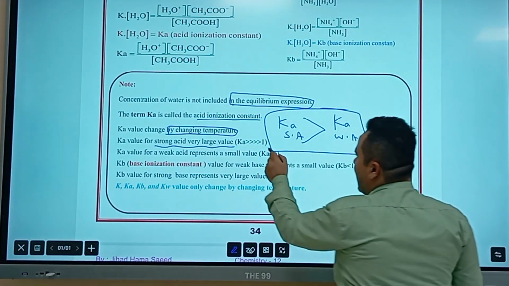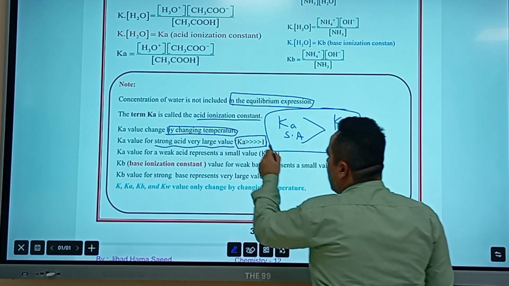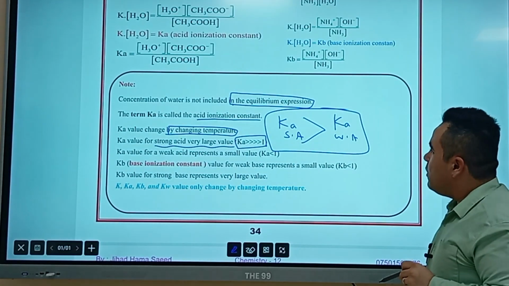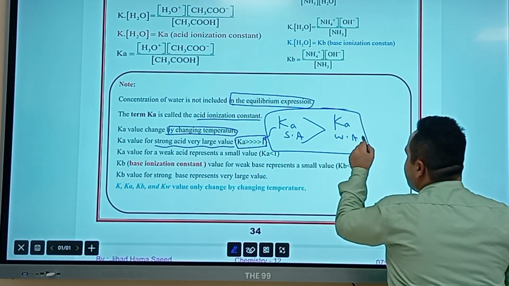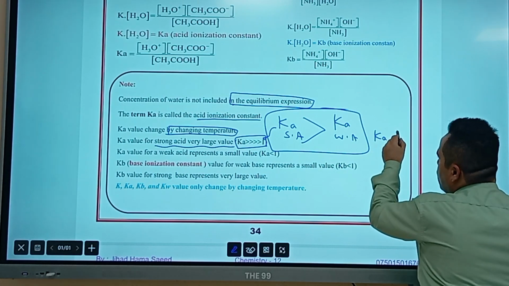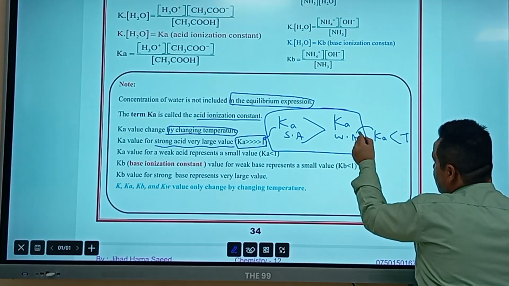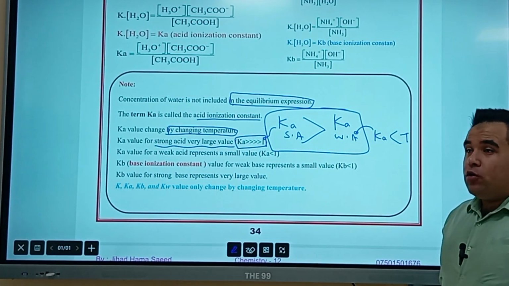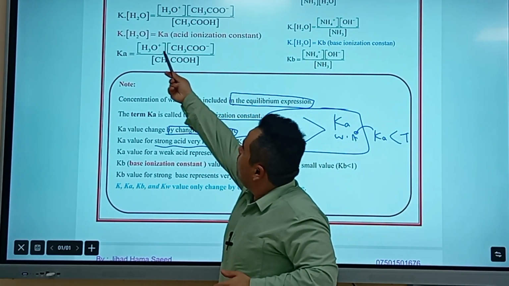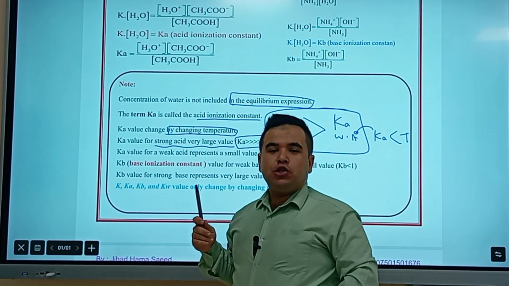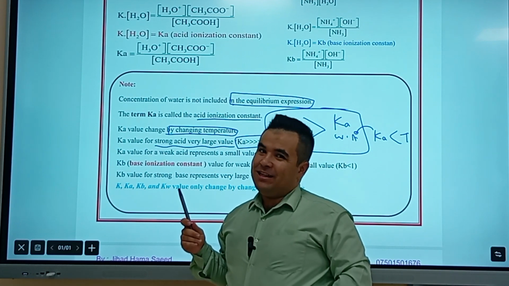So Ka higher than 1 means strong acids. If Ka is lower than 1, that means weak acids. Why lower than 1? Because the ions will be much lower than the concentration of the weak acid in the weak acid solutions.